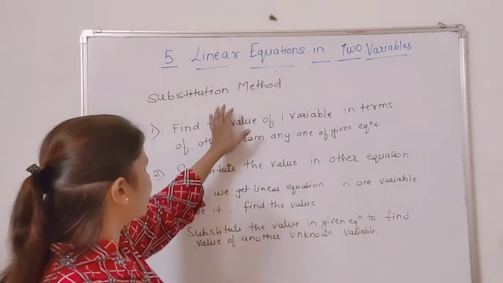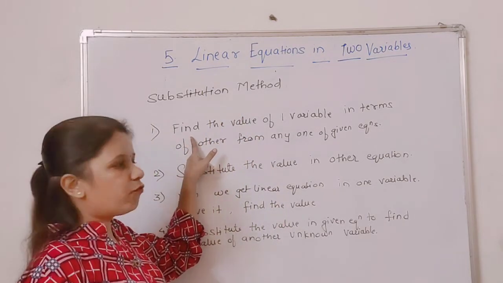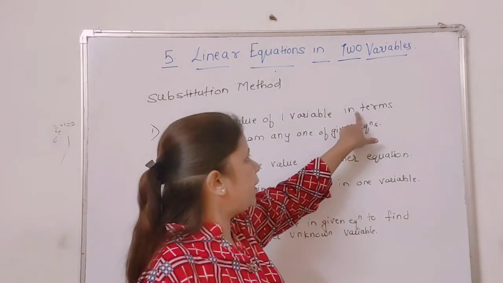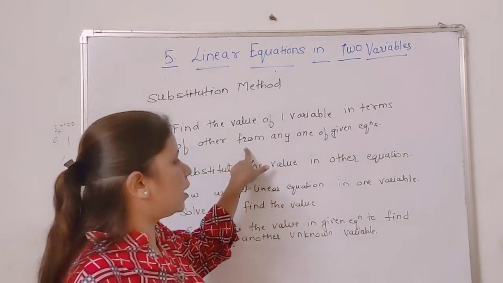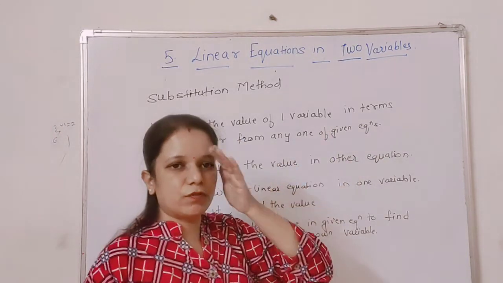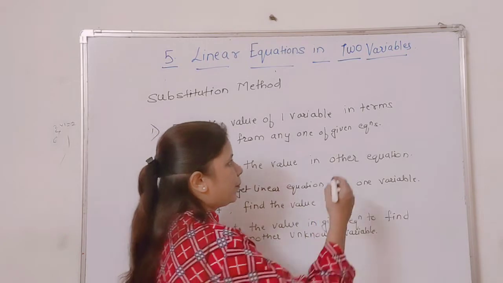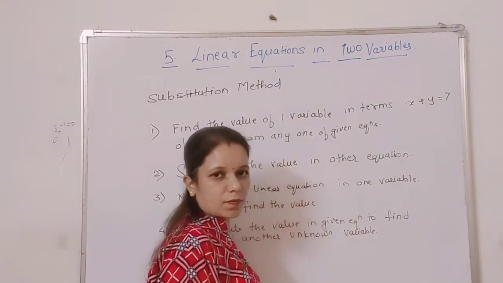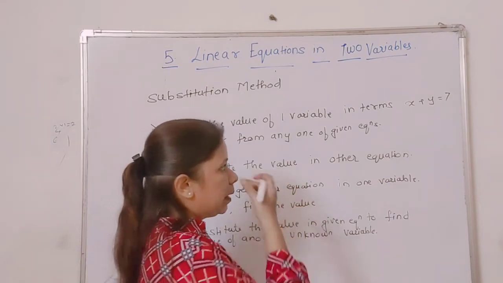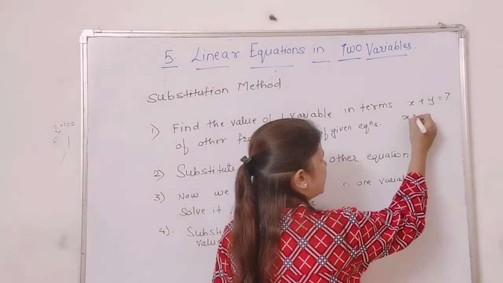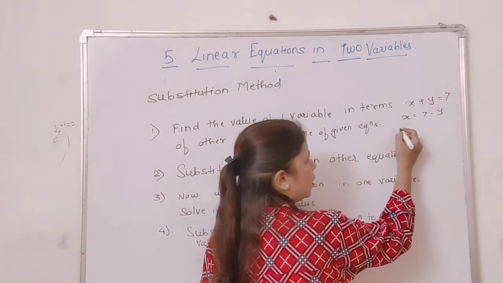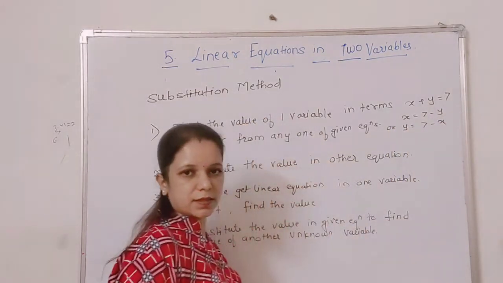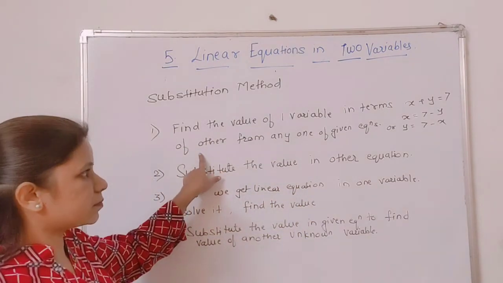For that, the first step is to find the value of one variable in terms of the other from any one of the given equations. For example, if I say x plus y equal to 7, then either you can say x is equal to 7 minus y or y is equal to 7 minus x. So this is it.